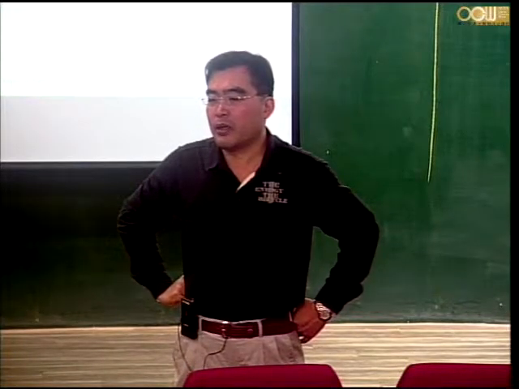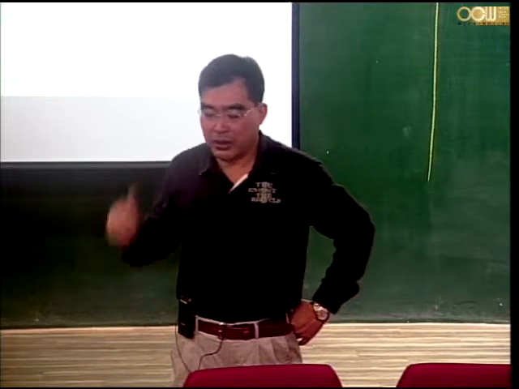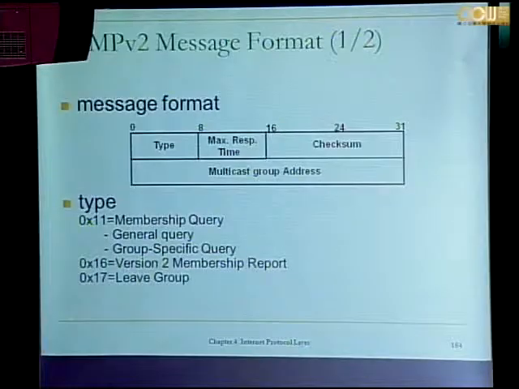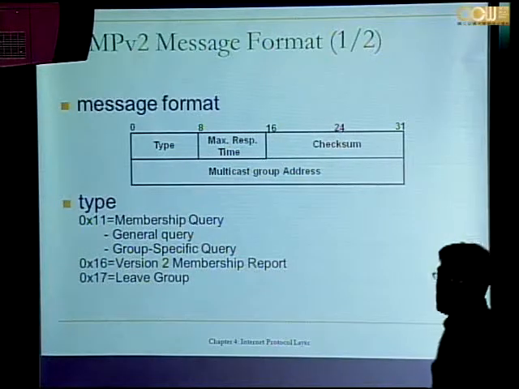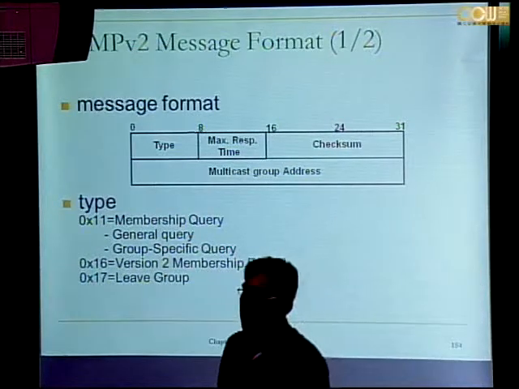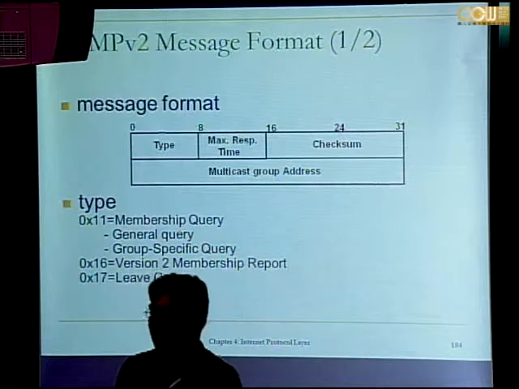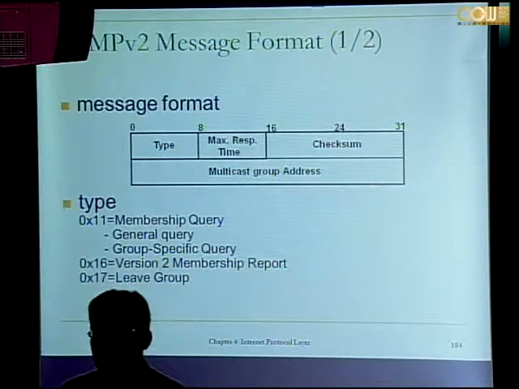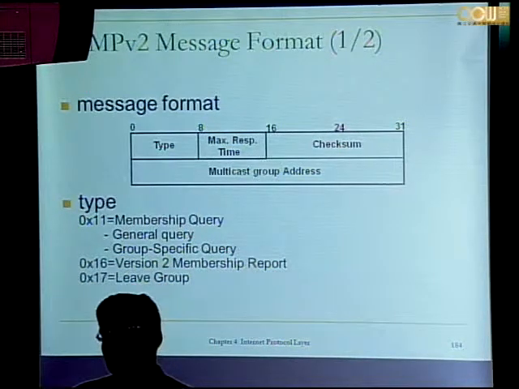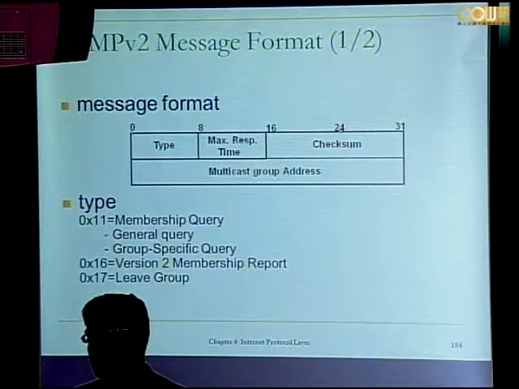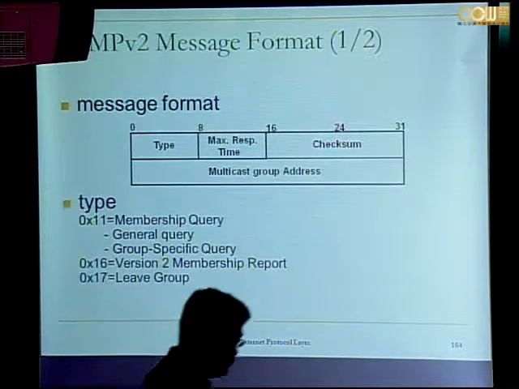How does it work? We'll see that pretty soon. But at least with IGMP, we now enable the edge routers connected to the subnet with hosts to keep track of the group membership information.